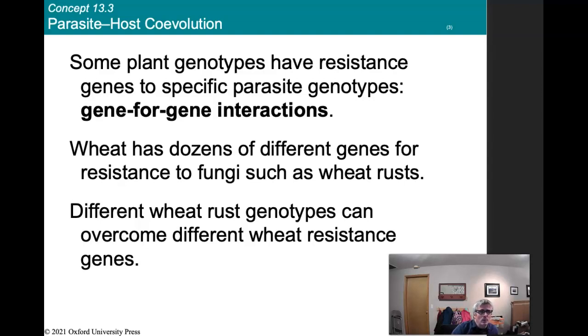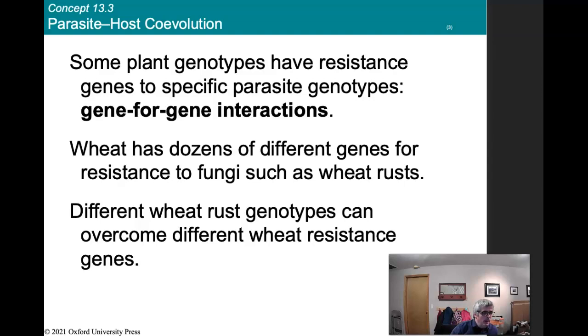And so wheat could have a series of locks that would keep out this parasitic fungi, these rusts. And then the rusts have a certain number of keys that can unlock those locks. Well, if there's a match between key and lock, then the rust can unlock the wheat, come in and infest.